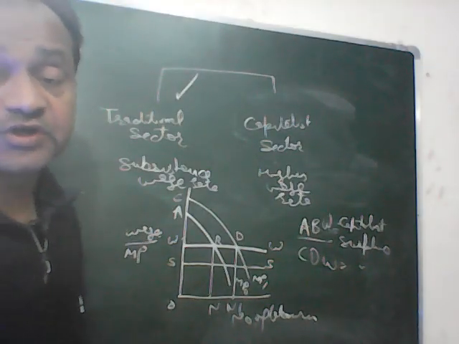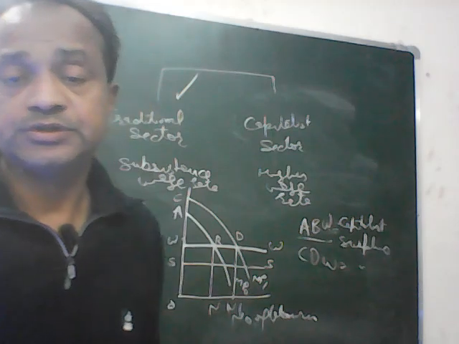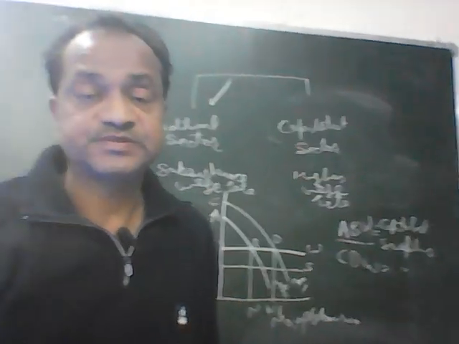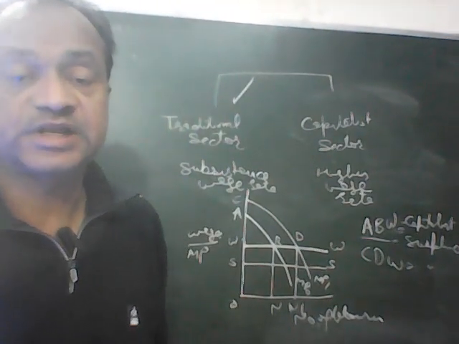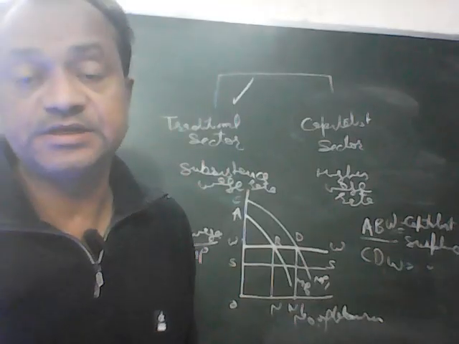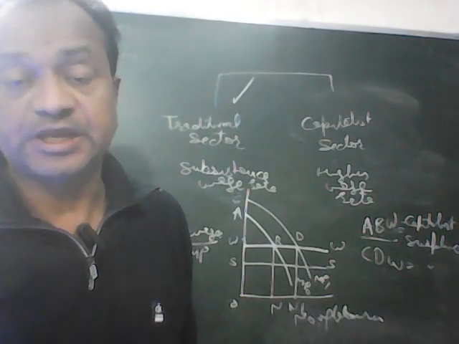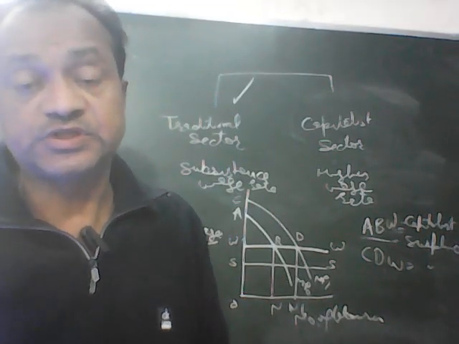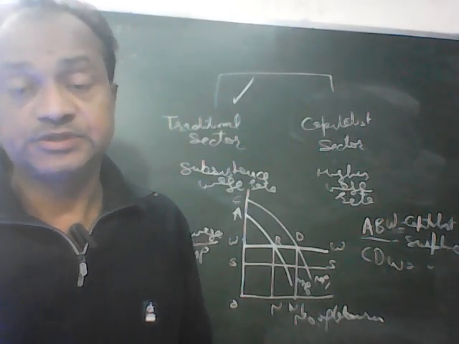This is a process of economic development through which Arthur Lewis has explained that the whole surplus labor of developing countries is adjusted and the process of economic development happens.